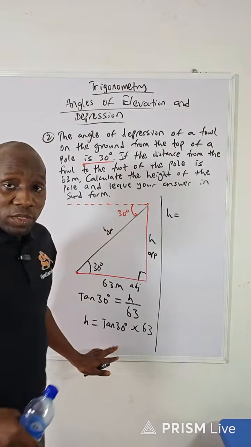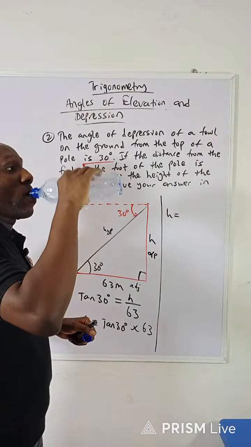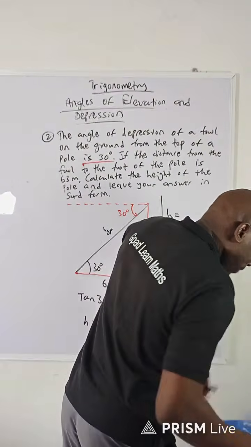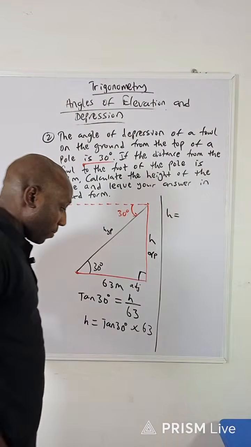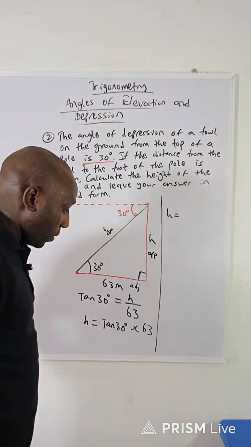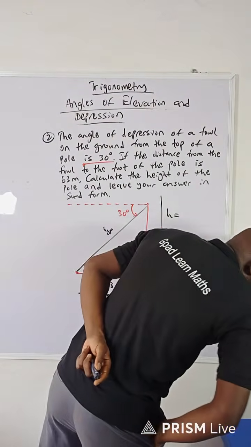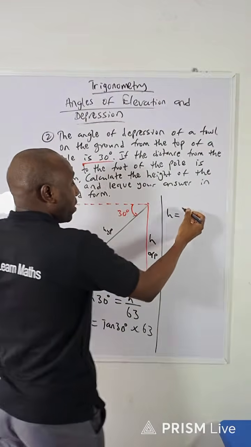Don't give me decimal form, give me surd form. Okay, good, 1 over root 3. So tan 30 is 1 over root 3.